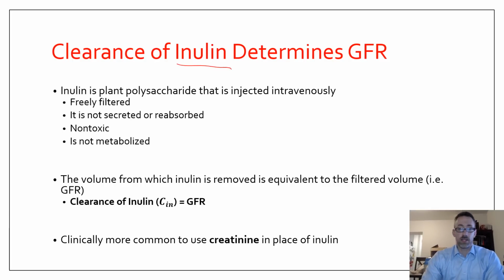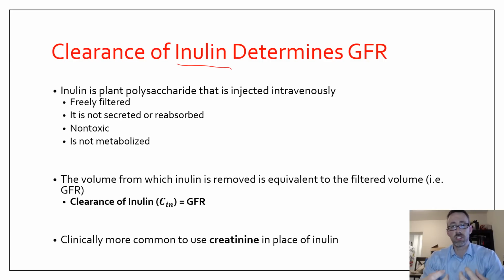Now, inulin is a plant polysaccharide that's injected intravenously. So we don't produce inulin. There's a couple of features about inulin that make it an ideal candidate for us being able to calculate the GFR. First off, it's freely filtered, so it gets into the nephron, which is an important attribute. It's not secreted or reabsorbed, so that's another important thing.